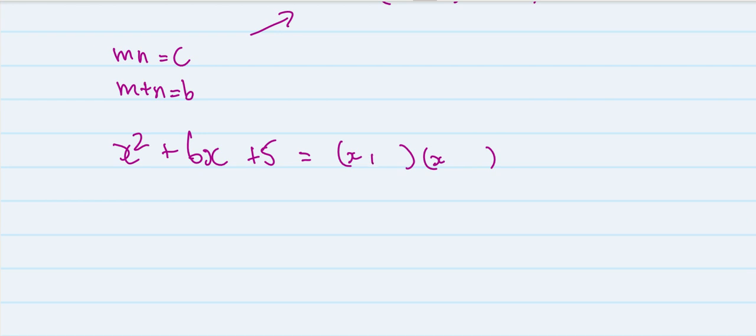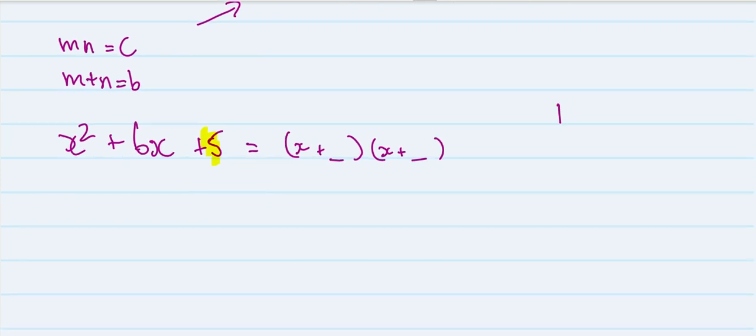Now I can see pluses all the way through, so that's going to be plus, but we need to work out what the last term in each of the brackets is. So what I need to do is think of the factors of 5. So I'm looking at the factors of the final term, the c term that is. Factors of 5. Well, it can be 1 times 5, and that's the only option I've got, isn't it? So this is going to be x plus 1, x plus 5.